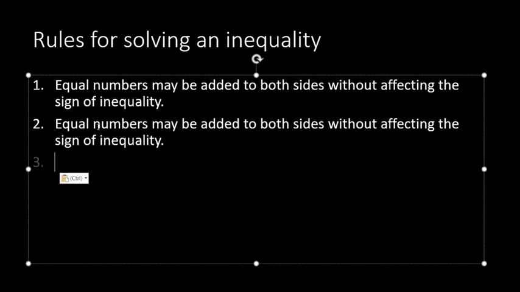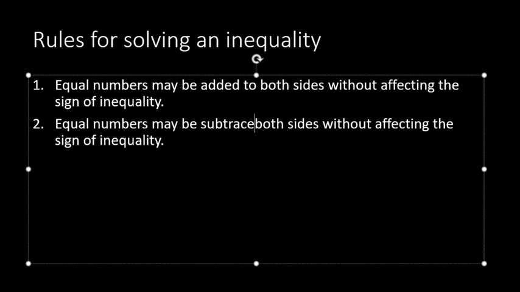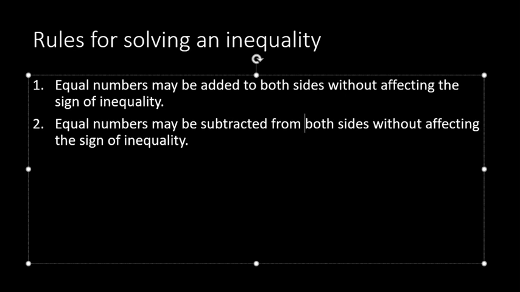Equal numbers may be subtracted from both sides without affecting the sign of inequality. This is rule number 2.